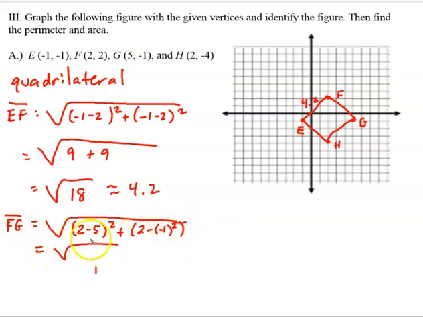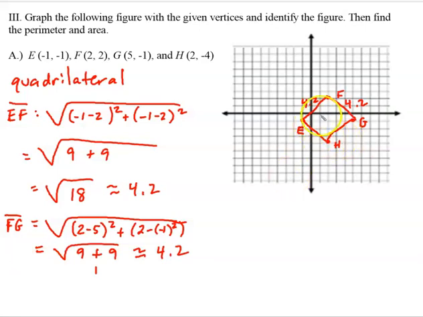Simplify this, so this is going to be -3 squared, which is 9, and this is going to be 3 squared, which is also 9. Looks like we got the same thing, the square root of 18, which is about 4.2.